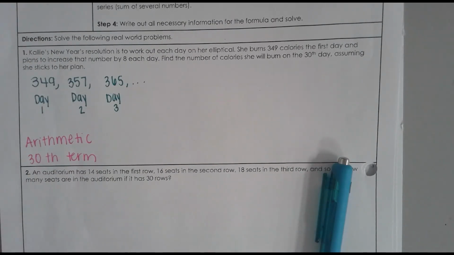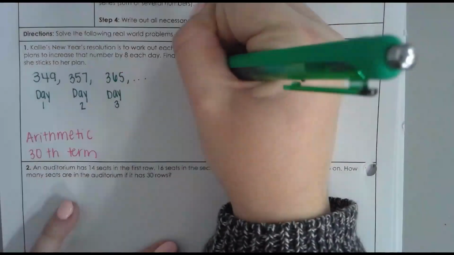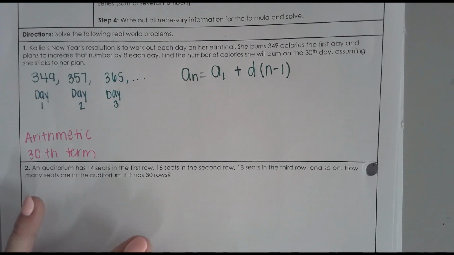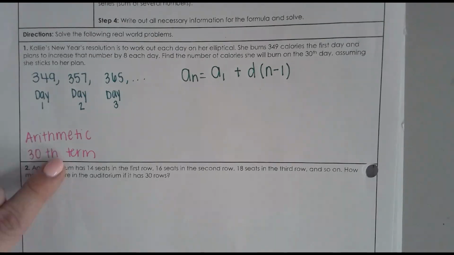Because it's arithmetic, here's the formula that I'm going to use. A1 plus D times N minus 1 gives A30.